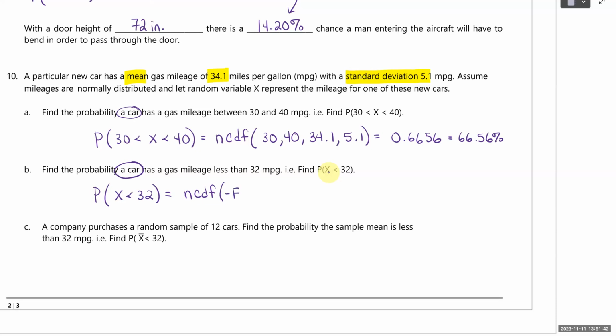We start at our negative infinity as our lower bound, and then our upper bound is the value. And then again, mu and sigma. That one will be 0.3403, or 34.03% if you would like to check that one out.